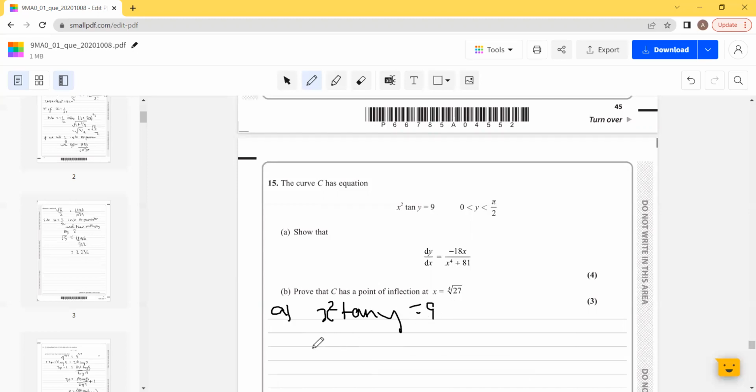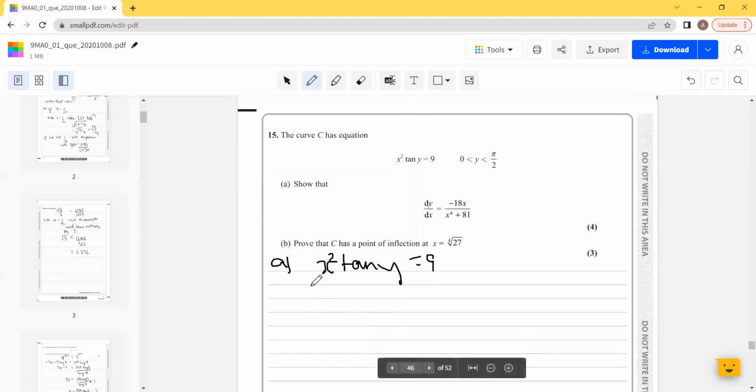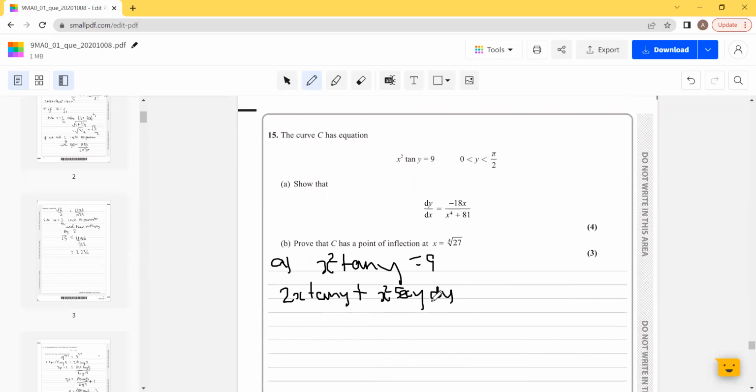By using the rules of implicit differentiation, I'm going to say that 2x tan y plus x squared times the derivative of tan y, which is sec squared y, dy dx, is equal to 0.